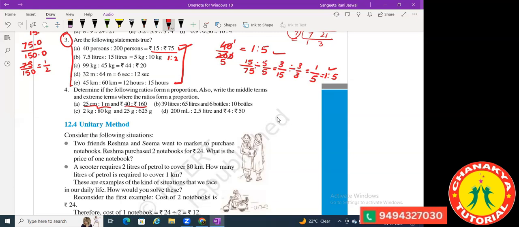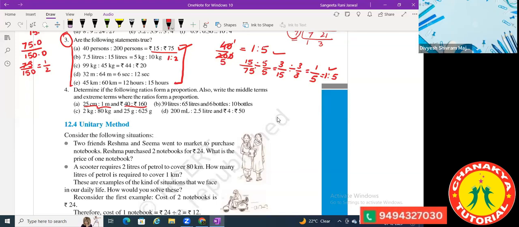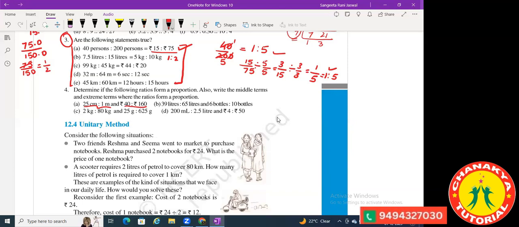Once you show that they are in proportion, then you have to say which are the middle terms and which are the extreme terms. Middle terms are the two inside terms, 1 meter and 40 rupees. Extreme terms are the outer terms.